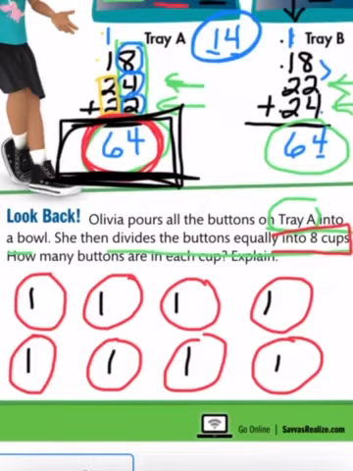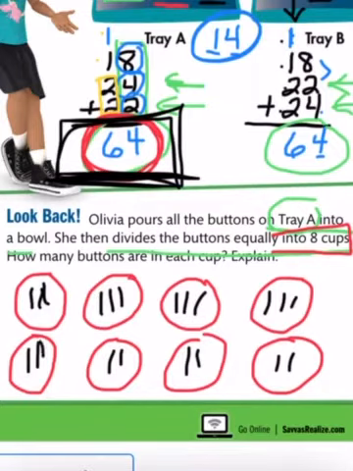So far I have 8 buttons. 9, 10, 11, 12, 13, 14, 15, 16, 17, 18, 19, 20, 21, 22, 23, 24, 25, 26, 27, 28, 29, 30, 31, 32. I'm at 32 so far.